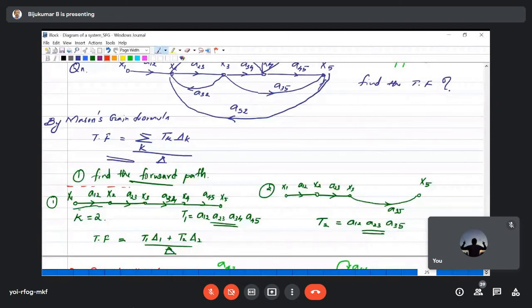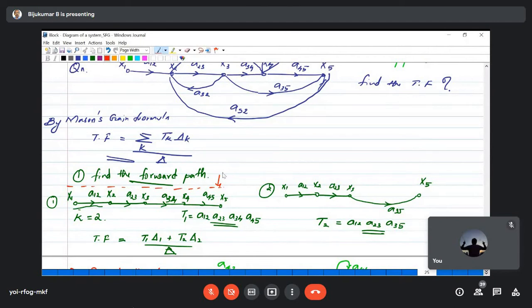Is there any loop which is not touching this forward path? Any loop exists? Not right. All the loops are touching this forward path. Right.